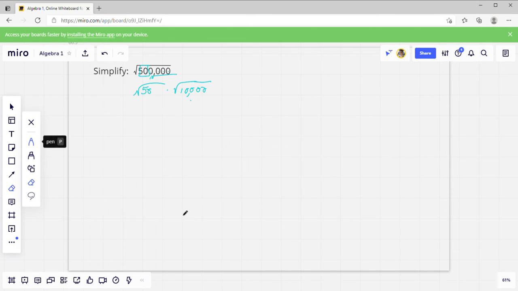So that means the square root of that is 100 times the square root of 50. Now, we can break down the square root of 50 more. That would be the square root of 25 times the square root of 2. The square root of 25 is 5, but we have to multiply that times our 100. So we're going to end up with 500 times the square root of 2.